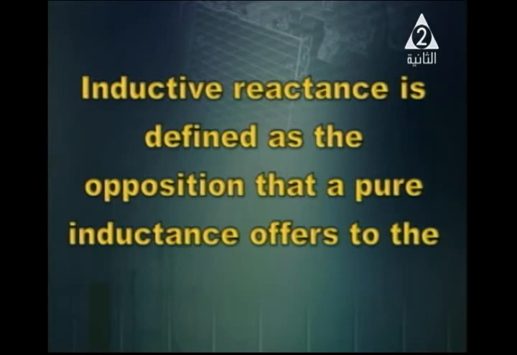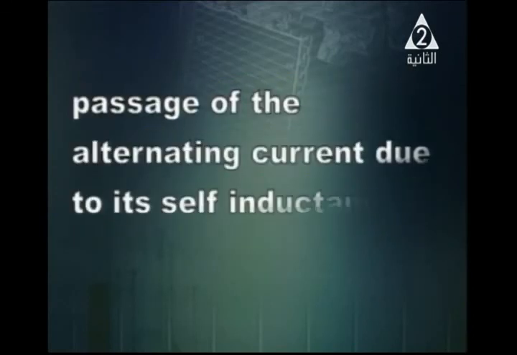And inductive reactance is defined, if we want to give it a definition, as the opposition that a pure inductance offers to the passage of the alternating current due to its self-inductance.